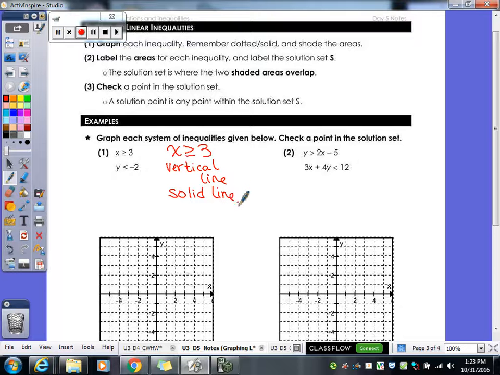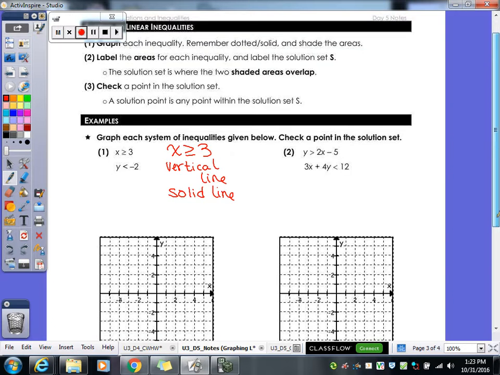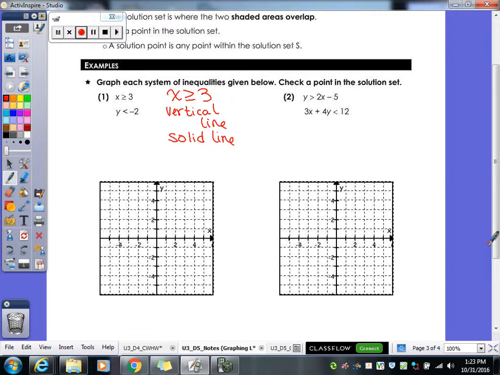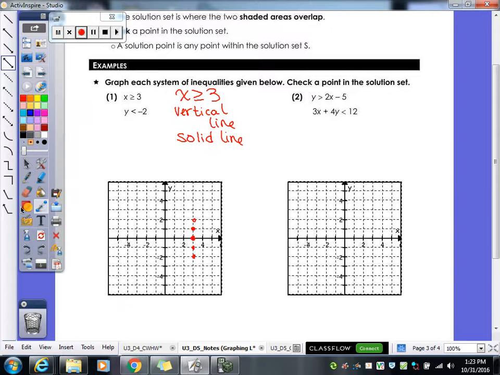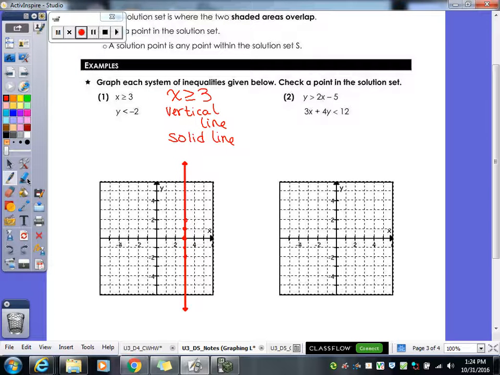And then normally I would write which way I'm going to shade, but this one's a little tricky because it's a vertical line, so it's different than normal. So I'm going to go on my graph here to where x is 3. And I'm going to put a few dots so that my vertical line is nice and straight. So I'm going to go ahead and draw it. Luckily, because of the computer, I can draw a nice straight line now.